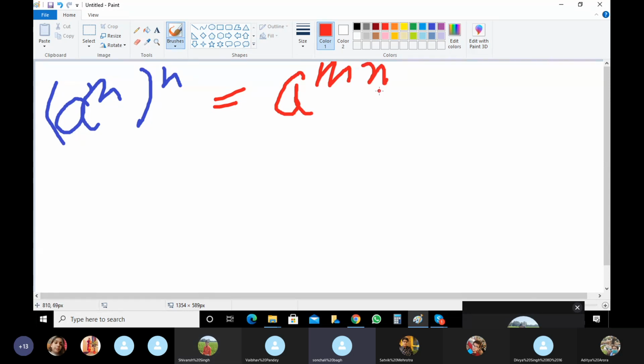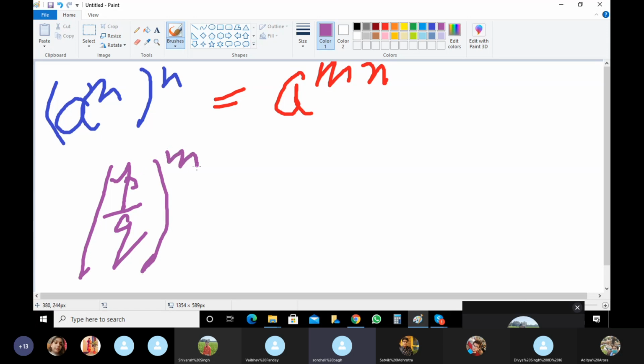So for the case of rational numbers, ((p by q) to the power m) whole to the power n.